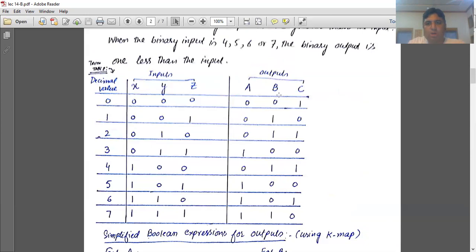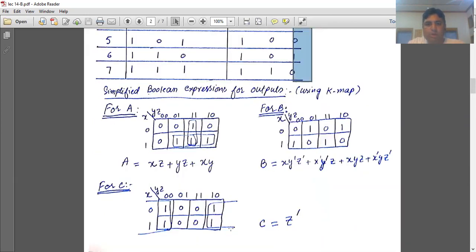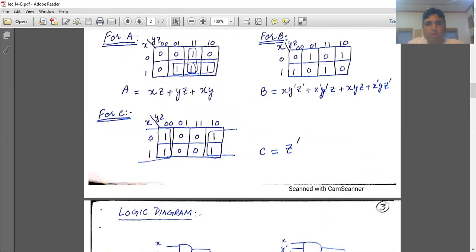And for the third output C, again you put all the ones in the K-map, and you will see that we can have one group of 4 adjacent ones. These edges, two of these and two of these, have 4 adjacent ones.